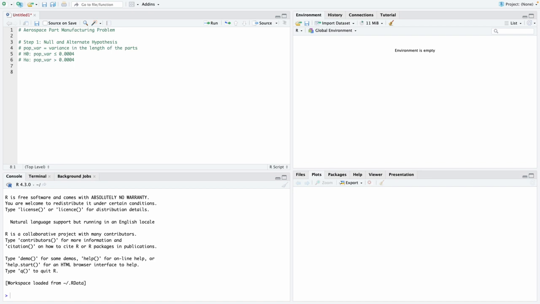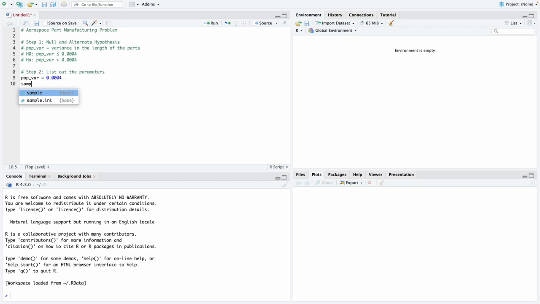Now that we have that done, step 2, we could list out the parameters that we're given. One of those parameters is our population variance, which is 0.004. The second one is our sample variance, which was given as 0.005.